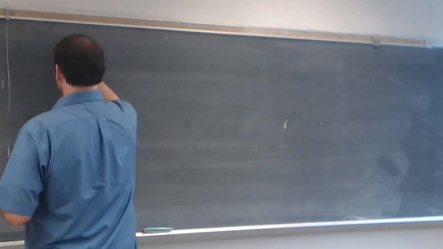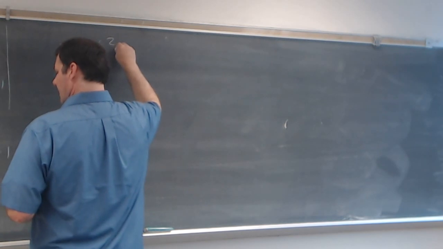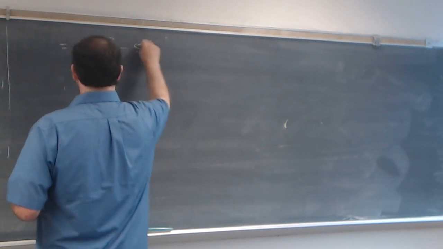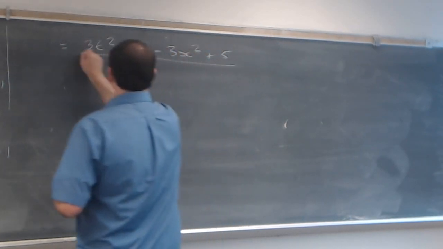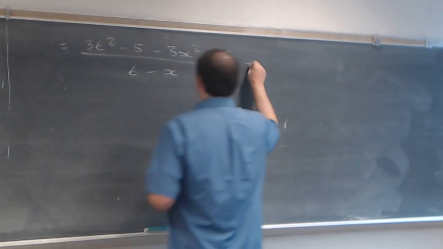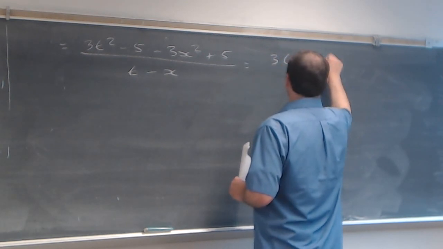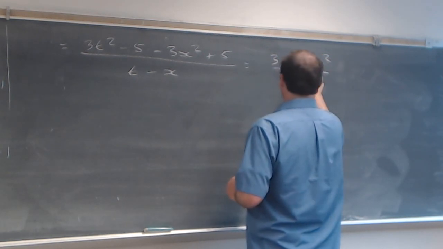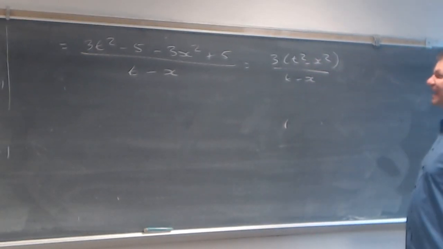Well, that's equal to 3t squared minus 5 minus 3x squared plus 5 over t minus x, which is equal to 3 times t squared minus x squared over t minus x. As we can see, the 5's cancel, and then what we have is 3t squared minus 3x squared, and then we factor out 3.